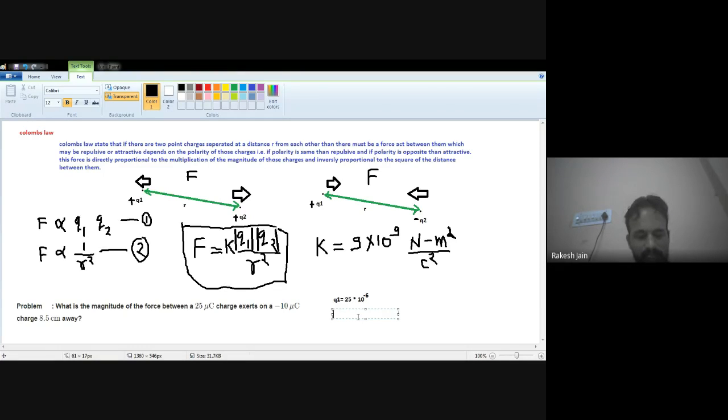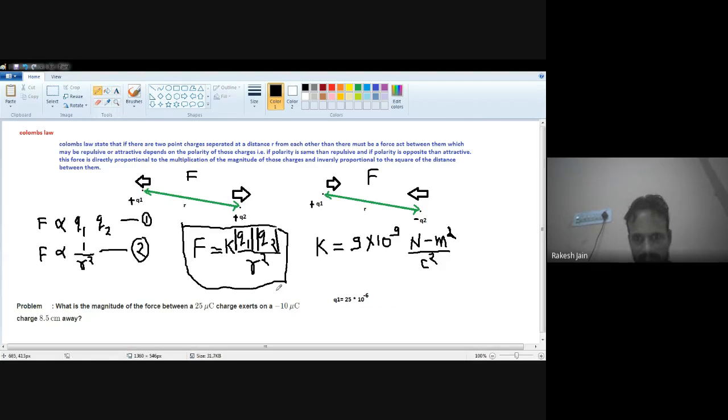Then you just see those charges. One charge is 25 microcoulomb, that is a positive charge. And the second charge is given as minus 10 microcoulomb. Because the polarity is opposite, the force is attractive in nature.